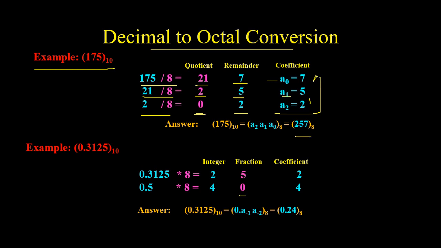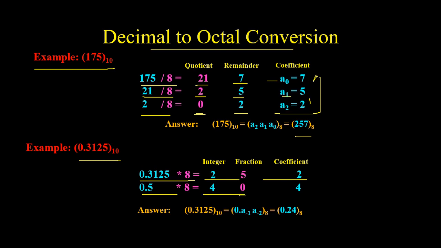Second example for fraction part is we have a number 0.3125 to the base 10 and we wish to know the equivalent octal number. For this we will use successive multiplication and here we will multiply it by 8. The result will be 2.5. 2 will act as an integer or our coefficient and the 0.5 will be multiplied by 8 again and the result will be 4.0.